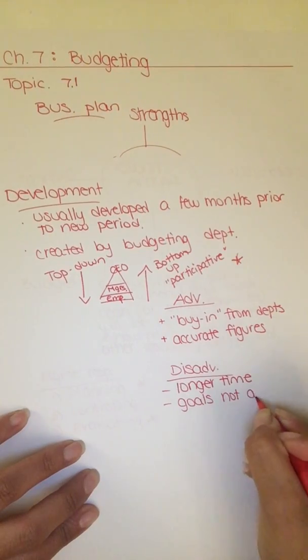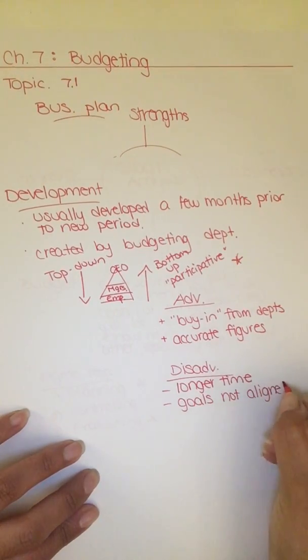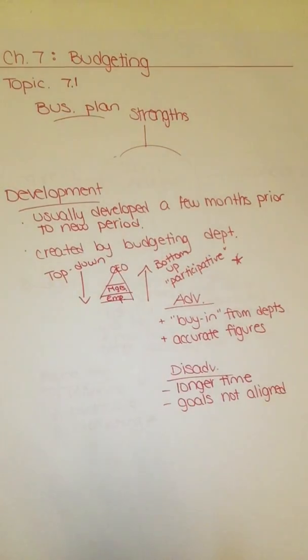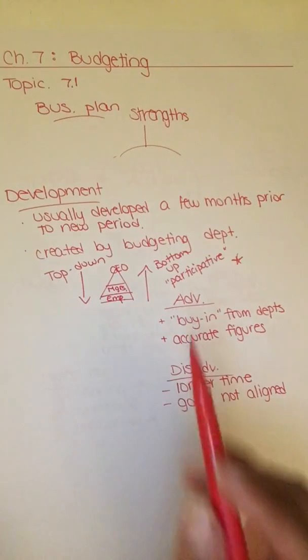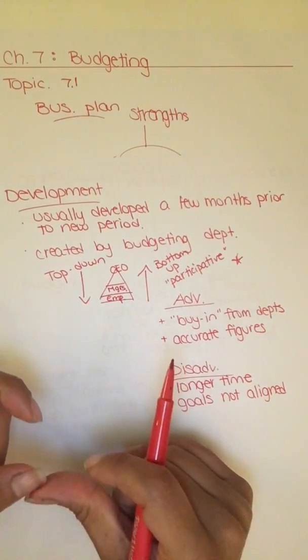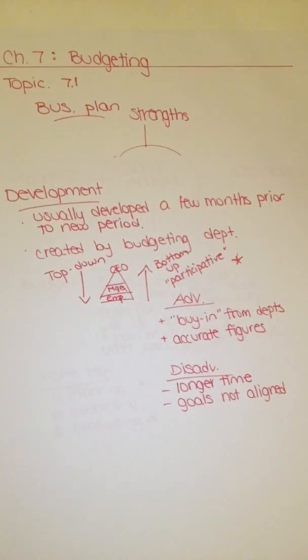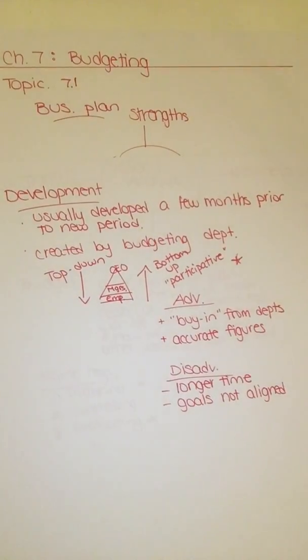Because the goal of the top CEO might be different from the goal of each department. Maybe they want to hire more employees or make sure their employees are working full shifts. And so maybe that's their more short-term goal, and the CEO might have a different, broader goal. Right? So those are the advantages and disadvantages.